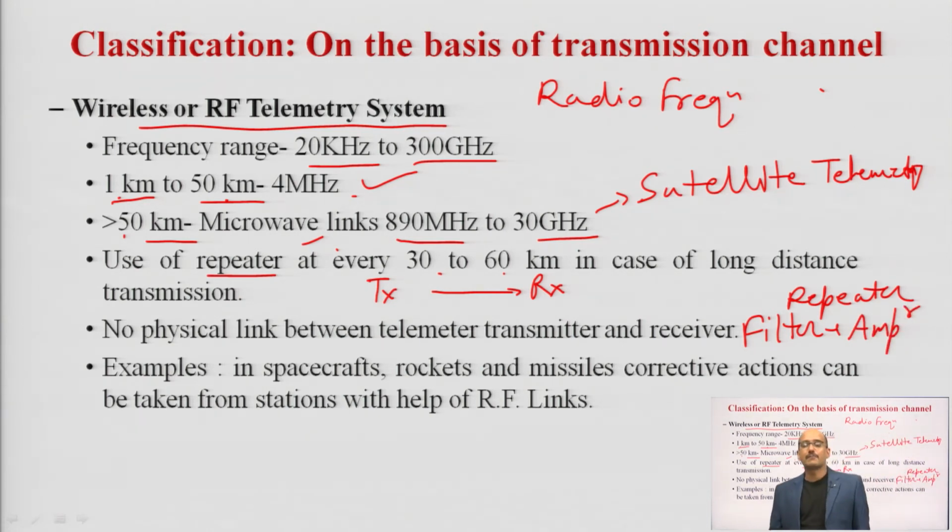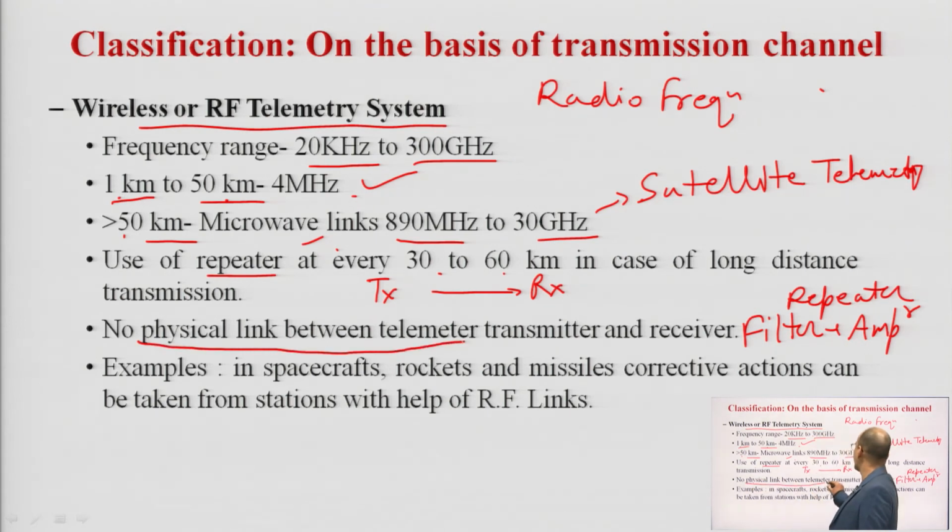You take the incoming signal, filter the noise from it, then amplify the signal and transmit it again towards the next station, and this is required for long distance communication.